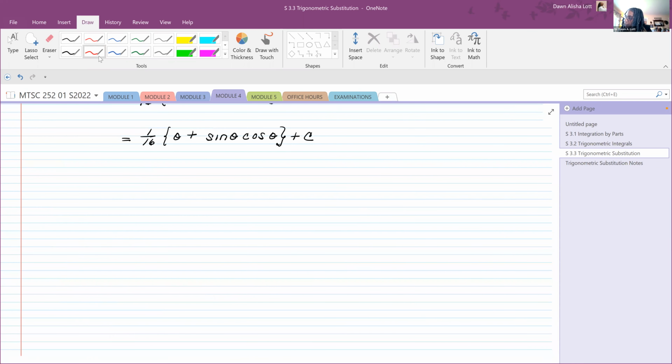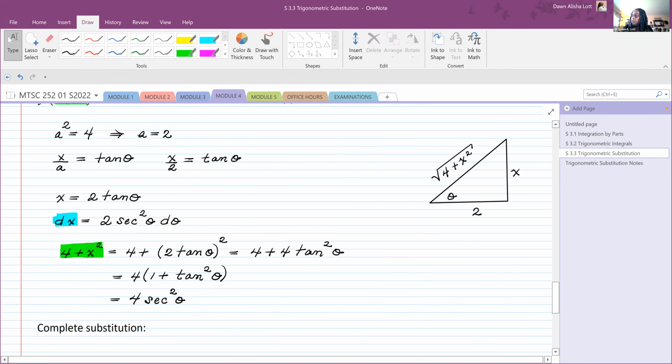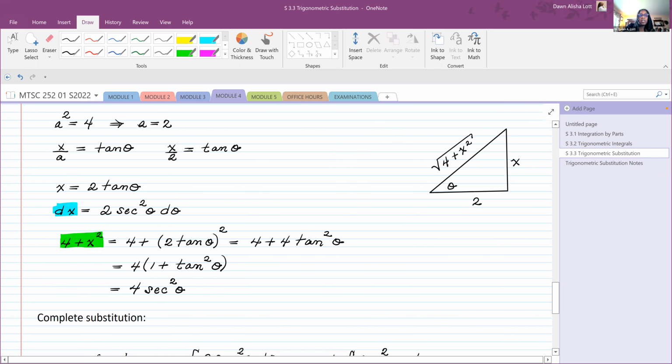So theta is the tan inverse of x over 2. So that's theta. How about the sine of theta? Well, the sine of theta is going to be opposite over hypotenuse. So the sine is going to be x over the square root of 4 plus x squared.